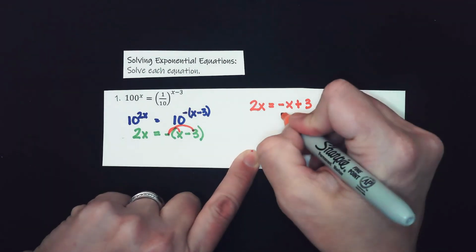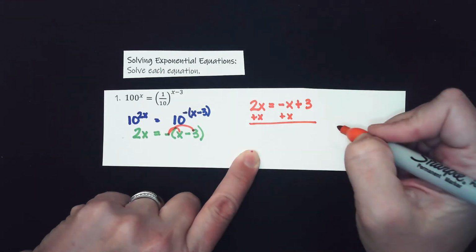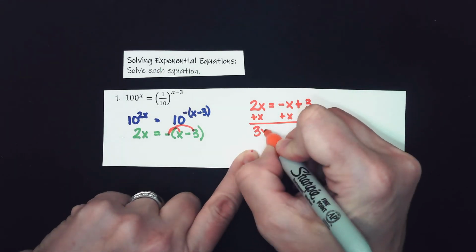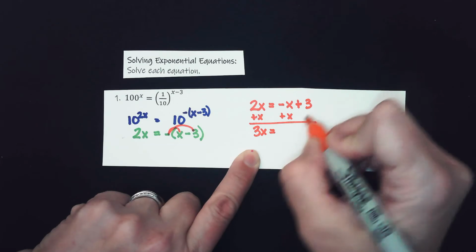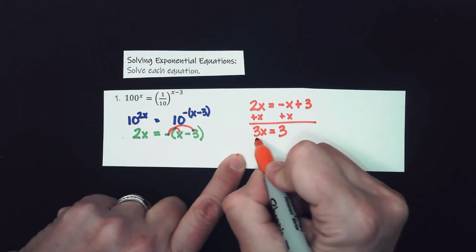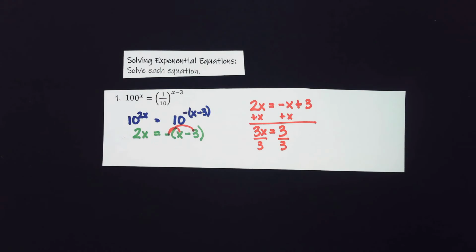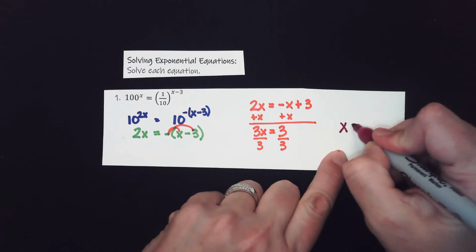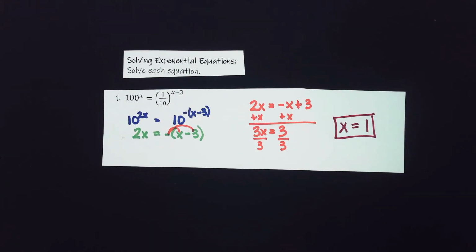So I'm going to add x to both sides. Okay, I end up with 3x equals 3. Still need to solve for x, so I'm going to divide by 3. So that gives me my final answer of x equals 1.